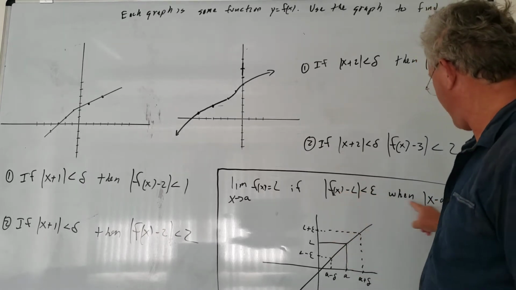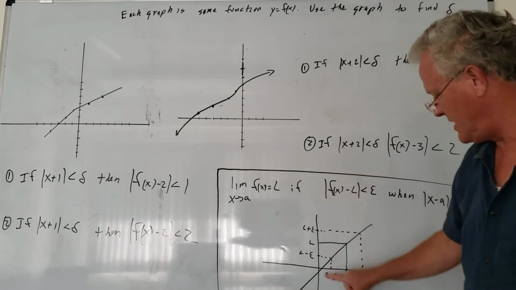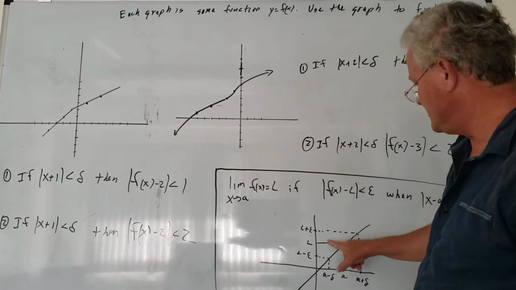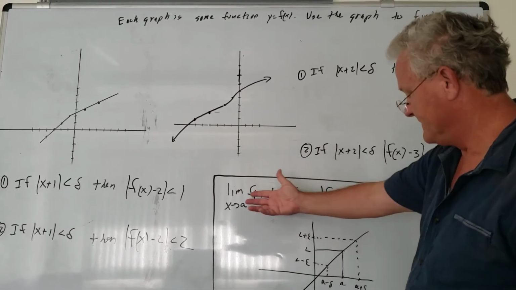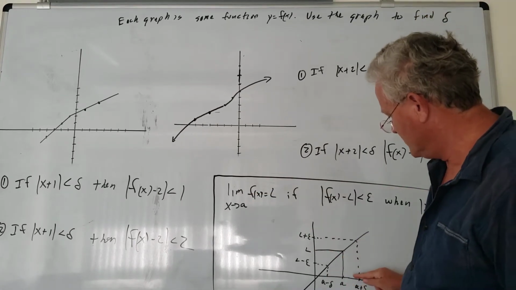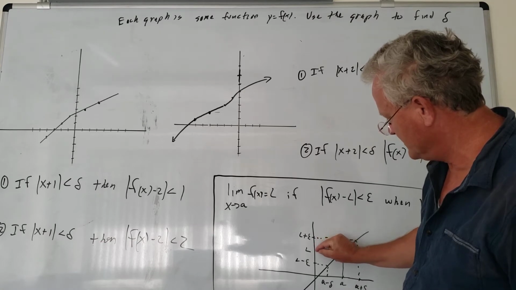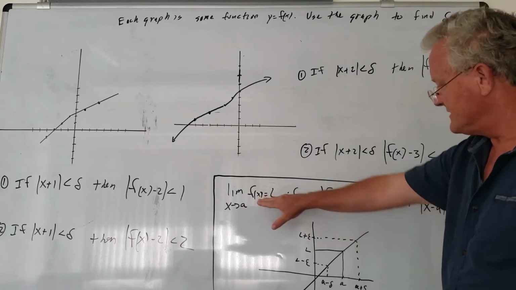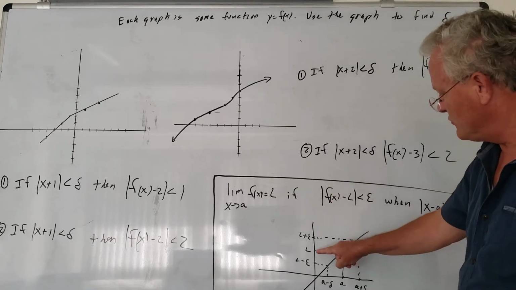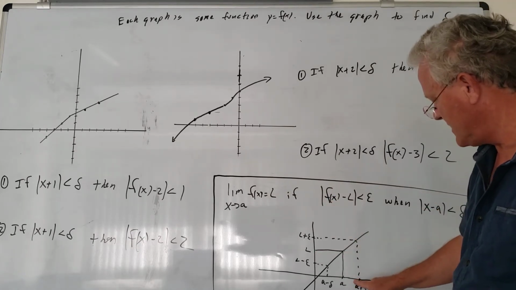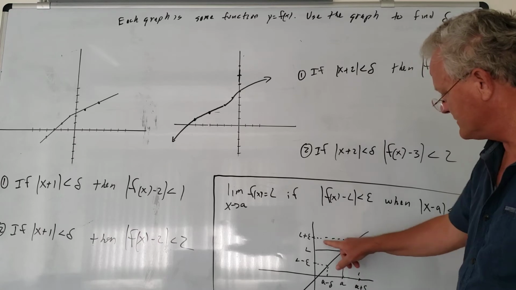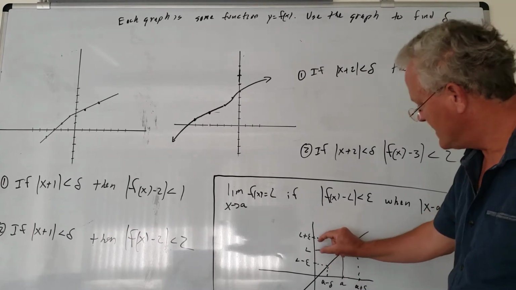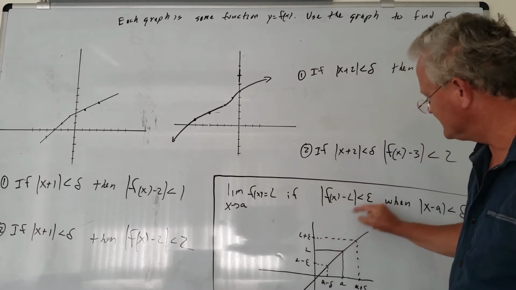When we have an a, we're approaching a, some x value. As we're approaching a, if the limit exists, as we get closer to a, the y value is going to get closer to L. So in order for that to happen, if I pick an x value over here, f of x is over here, and f of x minus L, that distance has to be less than epsilon.